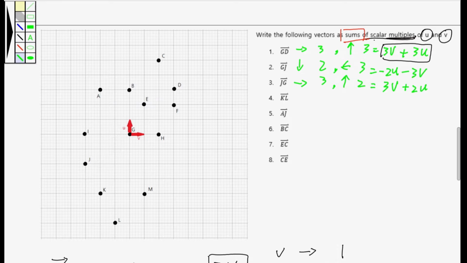Next one is vector KL. K is here, L is here. So right direction, make this 1. Opposite of u direction, downward, and magnitude is 2. So we can say there's a vector v and negative 2 vector u.